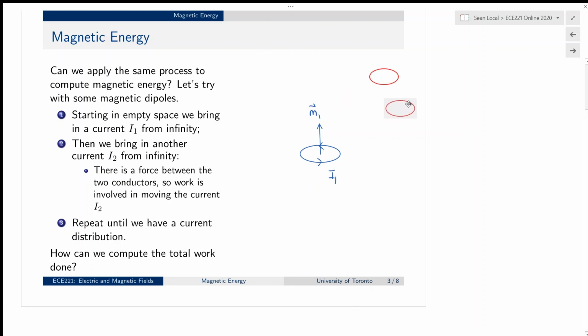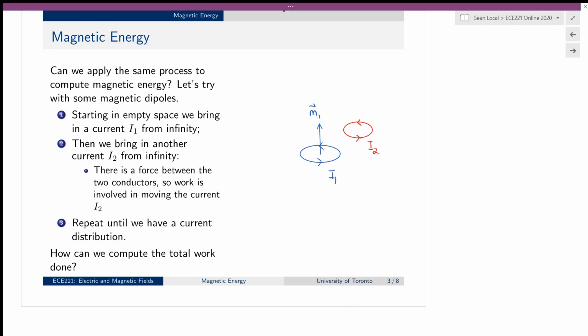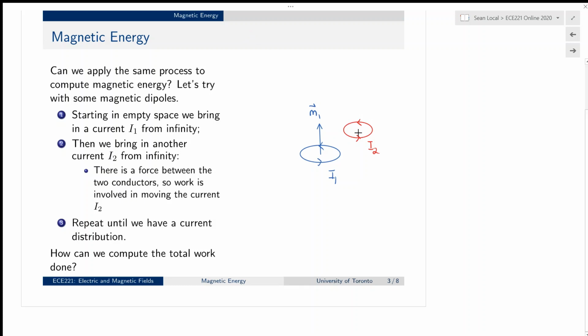And this time it costs us work to bring that loop into the space where loop 1 already exists, because loop 1 is producing a magnetic field, and we have a current flowing in loop 2. So there's a force between these two conductors, and so there's work involved in moving this current I2 into whatever position we have chosen for it, and I2 has its own magnetic moment associated with it.